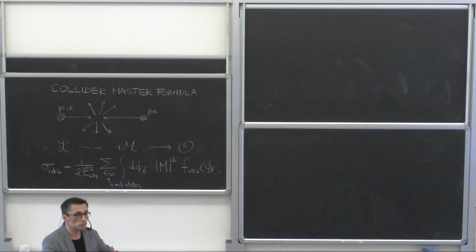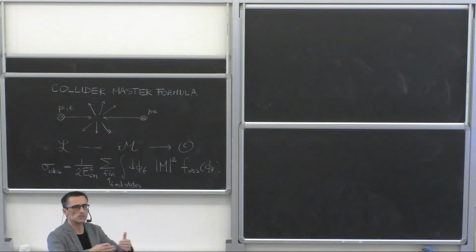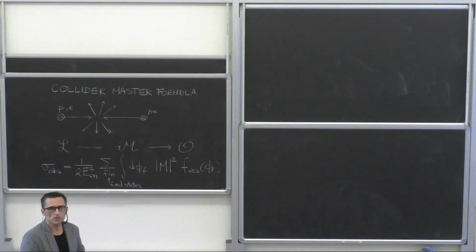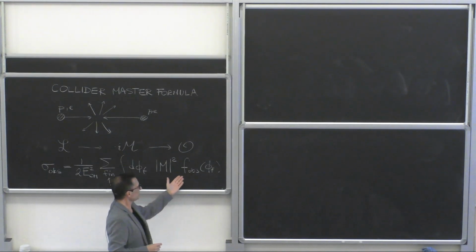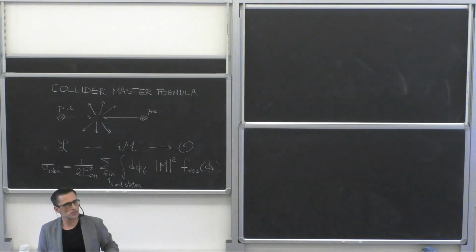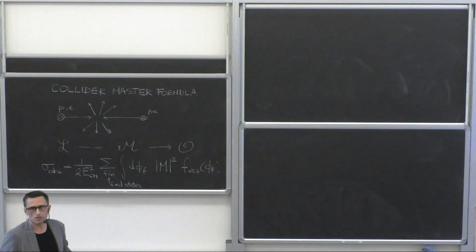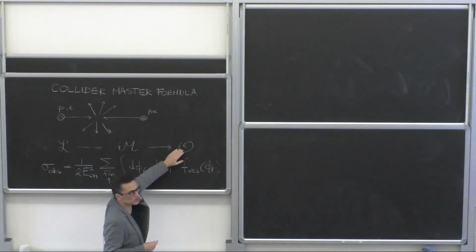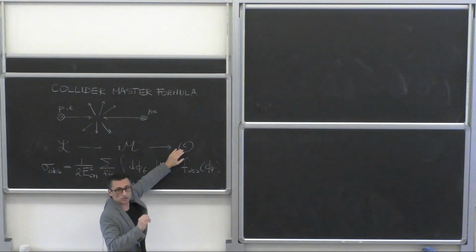And we always have to add all final states that contribute to my definition of a final state. Otherwise, we risk this prediction not being, technically, infrared safe, but more in general, it cannot be compared with my experimental observable in a reliable way. That's what it really means.